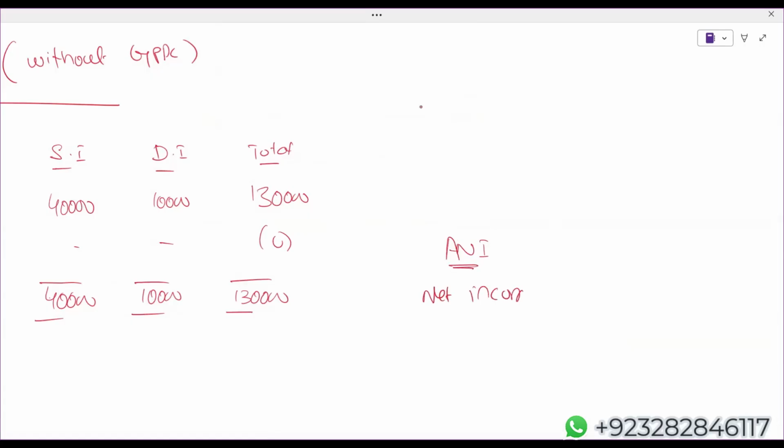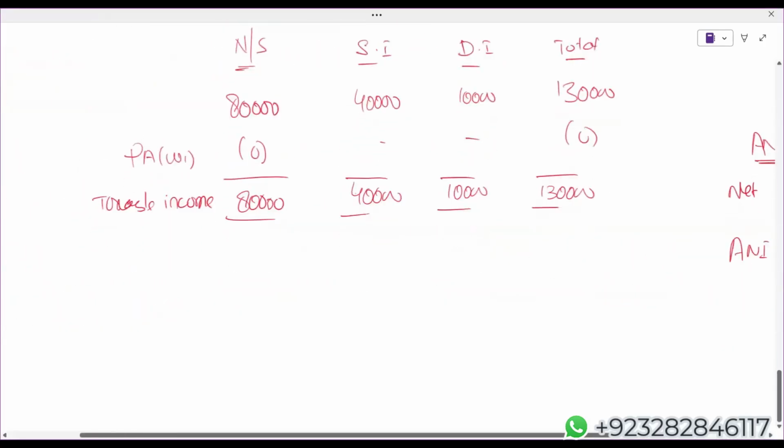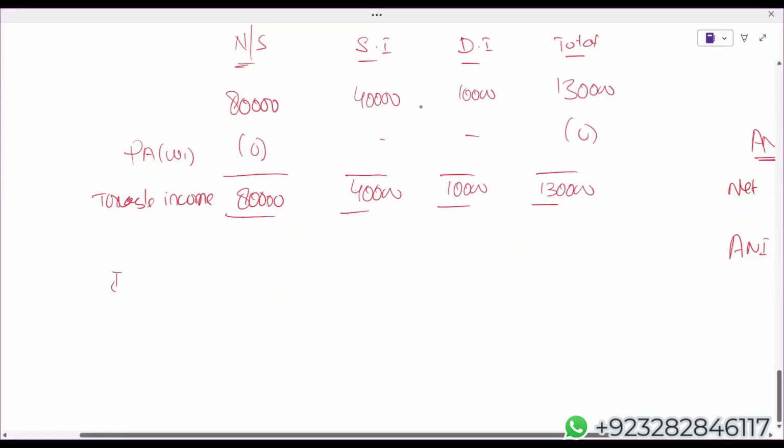Net income is 1,30,000. And here the net income is actually adjusted net income because we are ignoring gross PPC. When your adjusted net income is more than or equal to 1,25,140, then personal allowance becomes 0. Now let's calculate income tax.